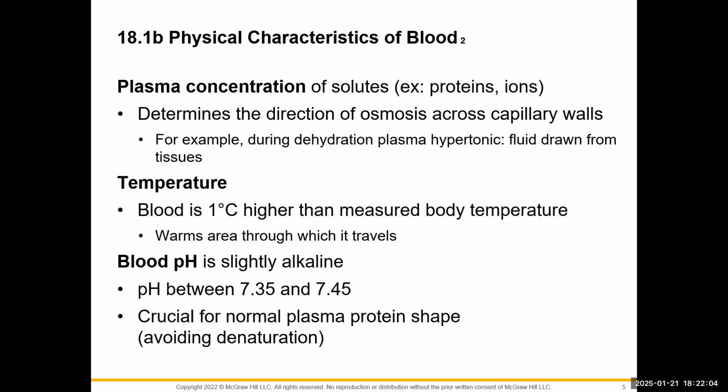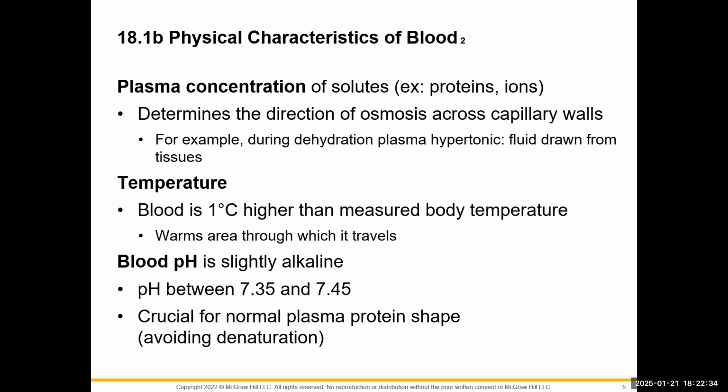Another physical characteristic of blood is our blood pH. We talked about this a lot in 210 in my classes, when we were discussing homeostasis. The normal blood pH for individuals is 7.35 to 7.45, so around 7.4, which is not neutral, but slightly alkaline or basic.